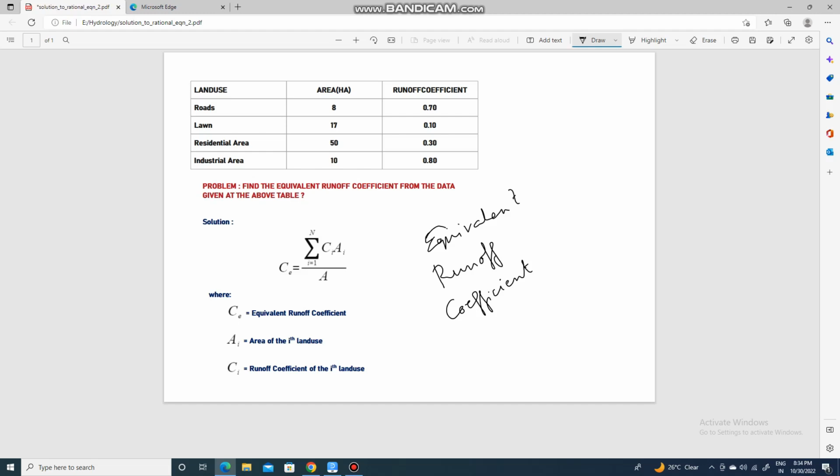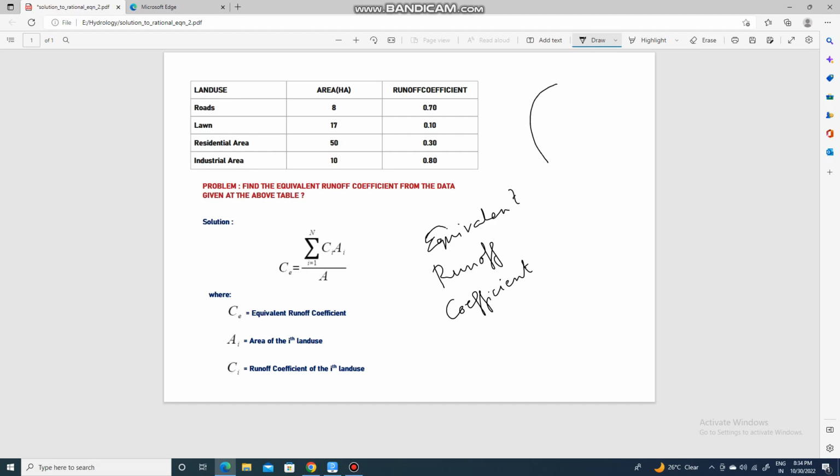In this case, there are 4 types of land use, and the corresponding area of that type of land use within the watershed is given. For example, road type land use is 8 hectare in that watershed, whereas lawn type land use is 17 hectare, residential area is 50 hectare, and industrial area is 10 hectares.